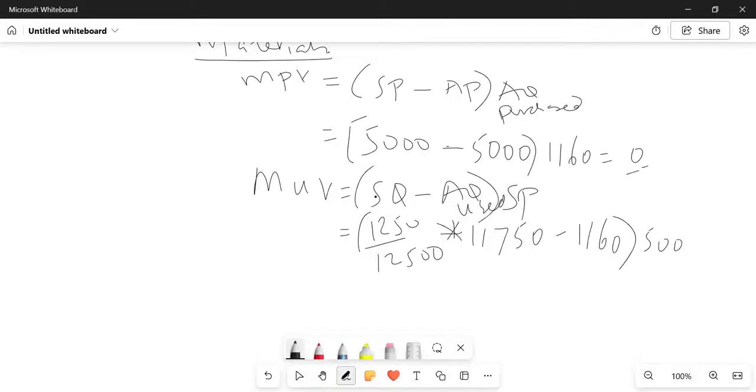So the material usage variance is: open brackets, 1250 over 12,500 times 11,750 minus 1160, close brackets, times 5,000. What figure are we able to get? 75,000. Adverse or favorable? Favorable.